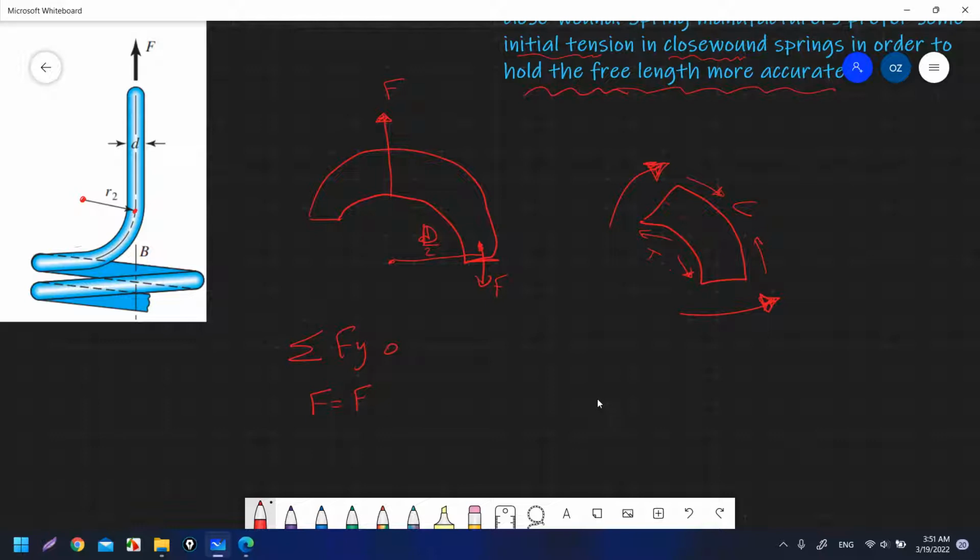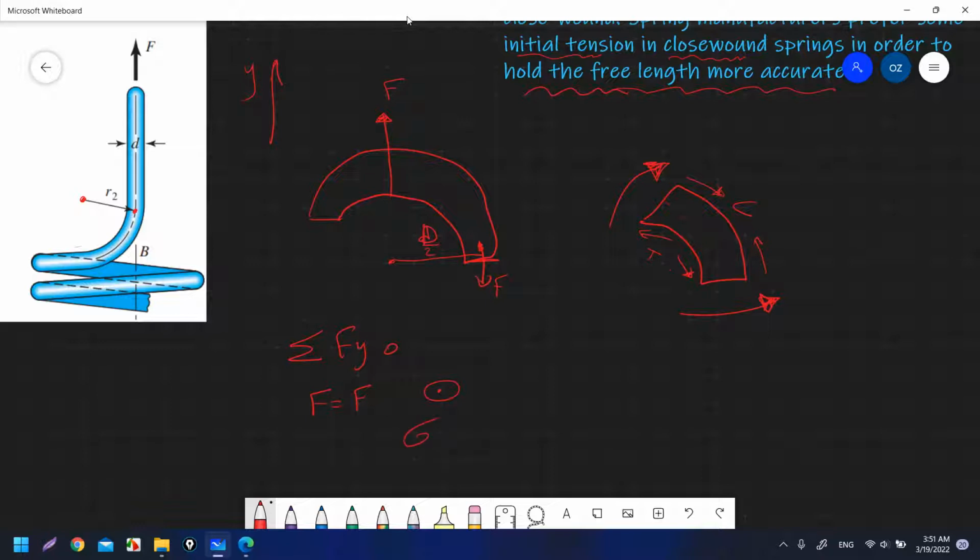We already did the equilibrium on the forces on the y-axis, if we consider this one is the y-axis. This force is perpendicular exactly to the cross-section area of this coil. So we will have a normal stress, and the force is distributed uniformly around the whole area.